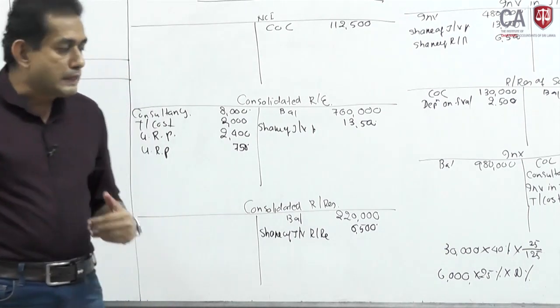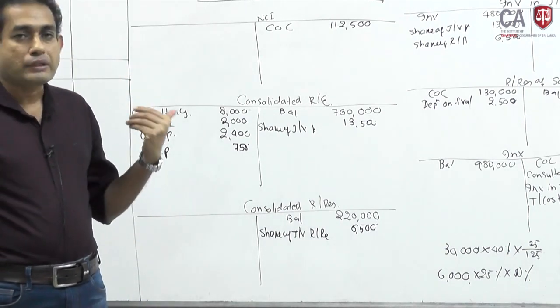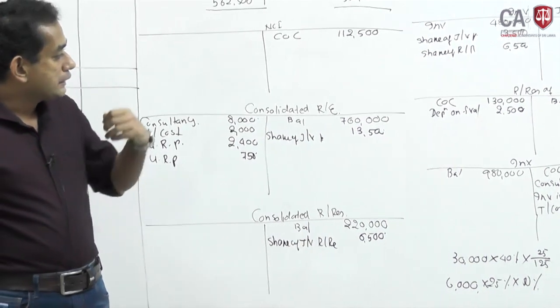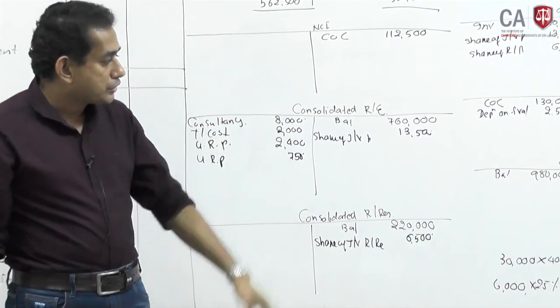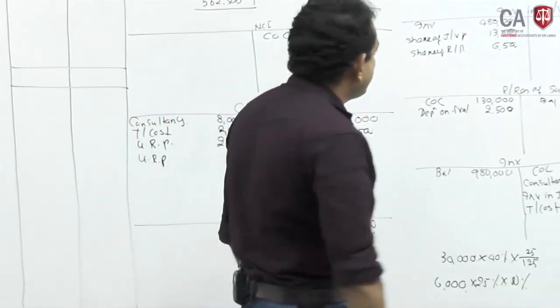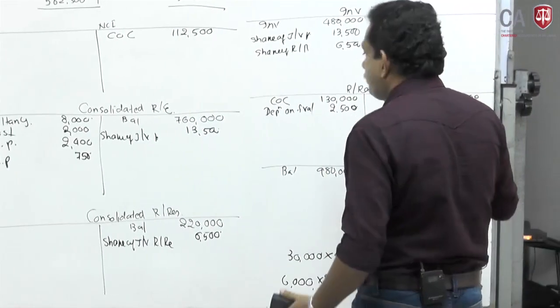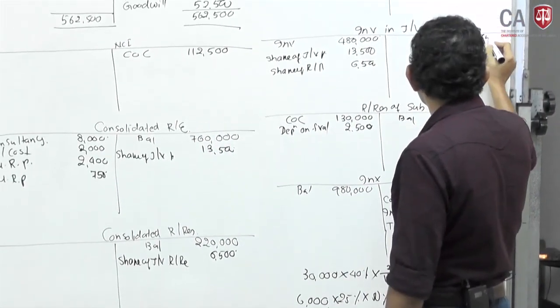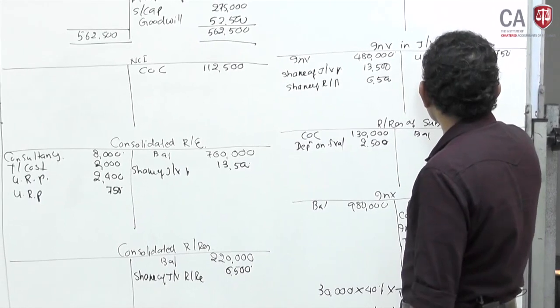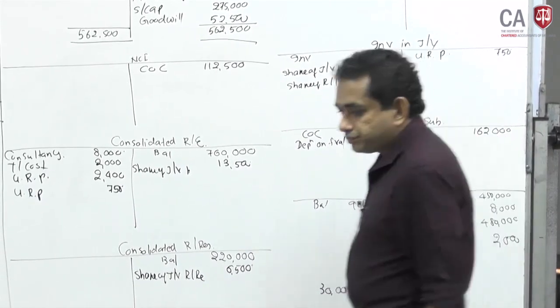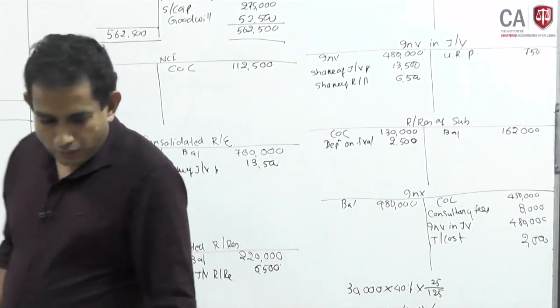Credit depends on who sells and who buys. Since the investor sells and the joint venture buys, you need to credit that to investment in joint venture account, 750, unrealized profits.